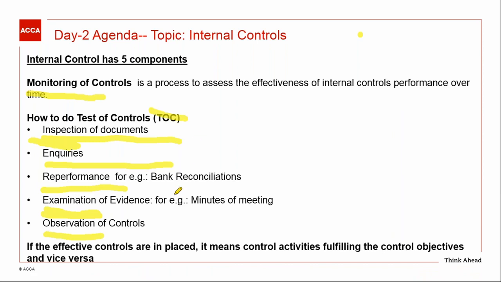So what will the auditor do in that scenario? The auditor will stand and observe at that place and ensure that every employee is scanning their face. If this is not happening, then the controls of this organization are very weak.